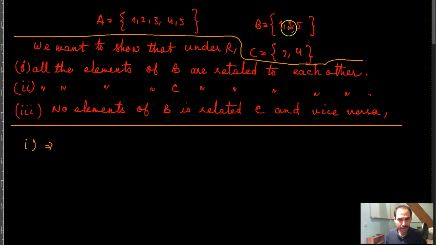So you know that the relation R that we had was all the ordered pairs (x, y) such that the absolute value of x minus y is even, right?